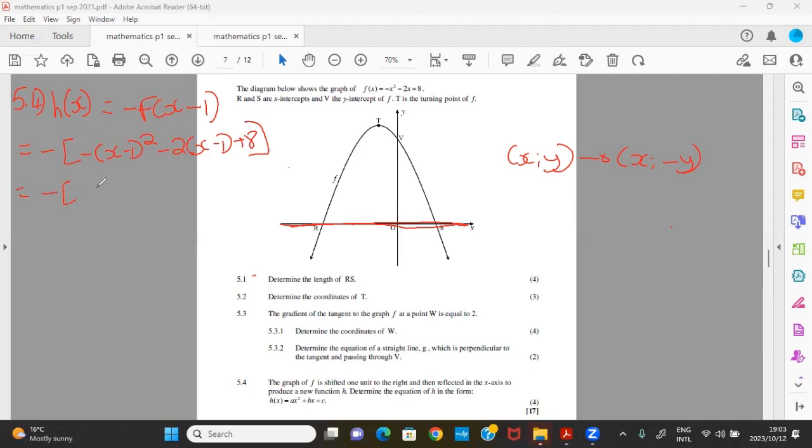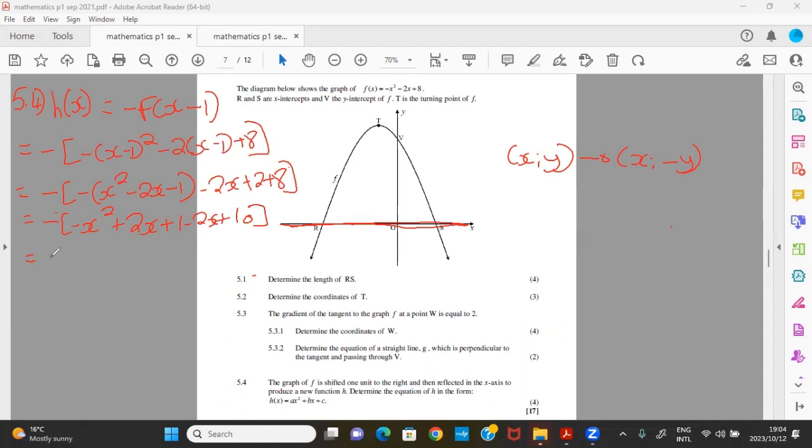Then I can keep this negative, then it will be x squared minus 2x minus 1, now it will be minus 2x plus 2 plus 8. And then it will be minus x squared. I'm just distributing the negative, plus 2x minus 1, minus 2x plus 10.